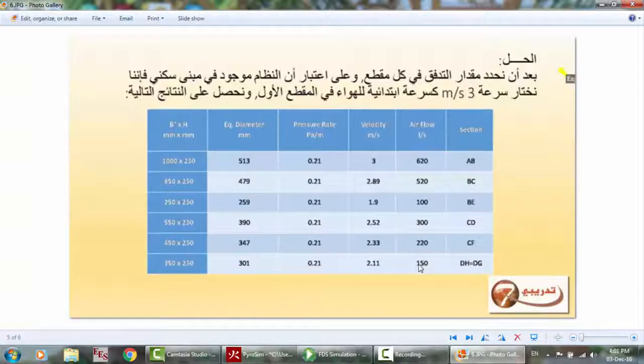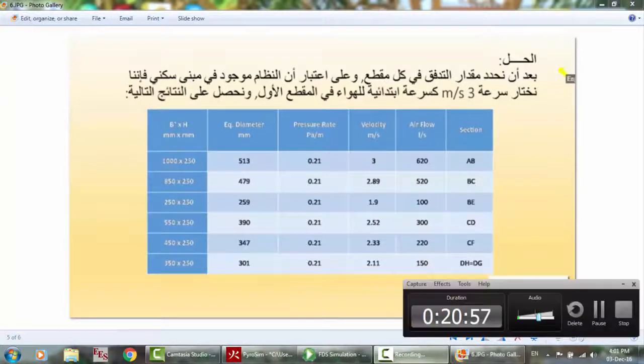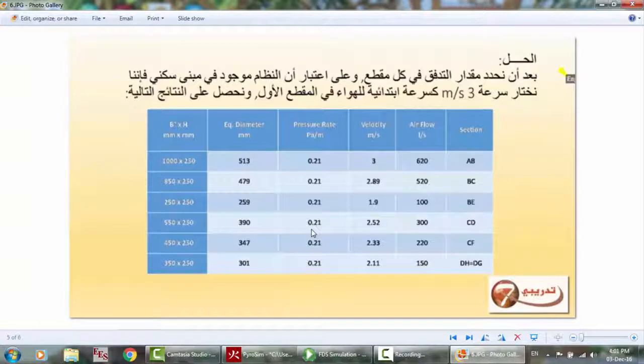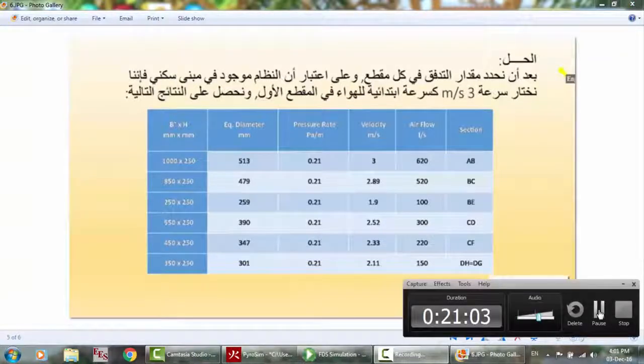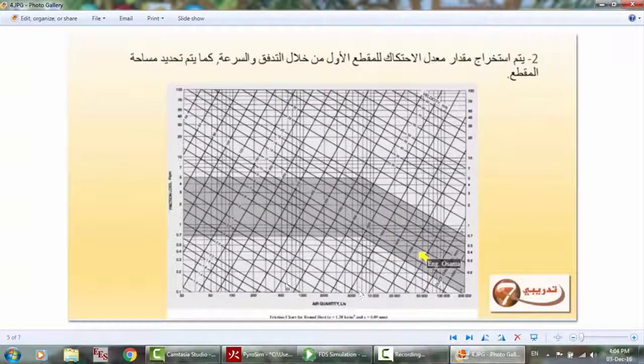Okay, ladies and gentlemen, now we're going to talk about the software program DuctMate. But before starting it, like I said, if you get a point under this area or over this area, you have to take care of the pressure loss.